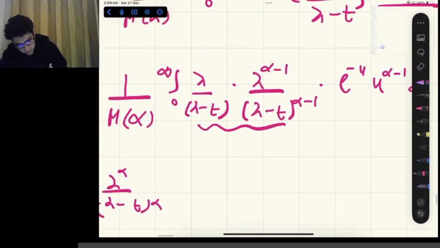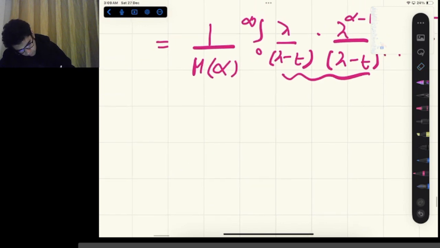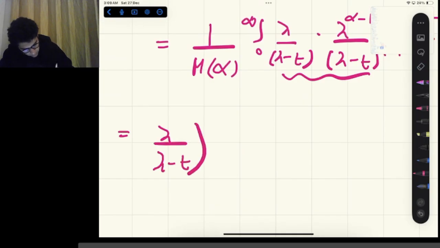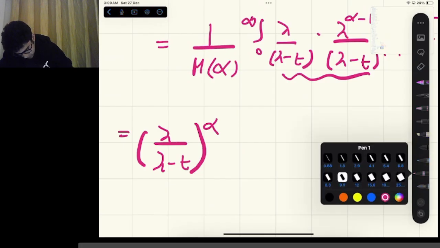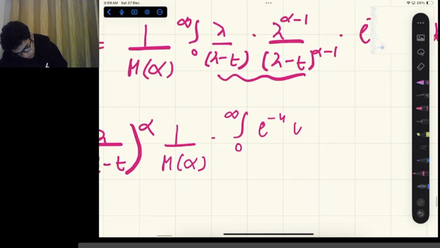Now this is a constant term, and this will be equal to lambda upon lambda minus t to the power alpha, into 1 upon gamma alpha, into the integral from 0 to infinity of e to the power minus u, u to the power alpha minus 1 du.